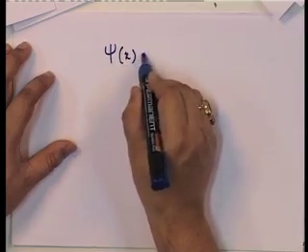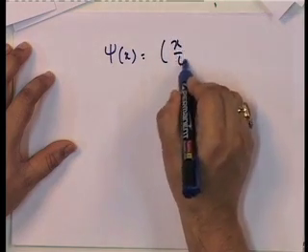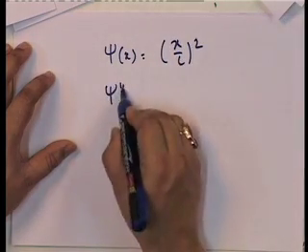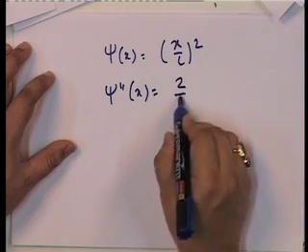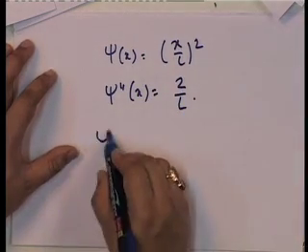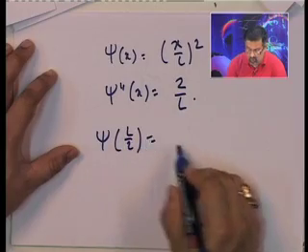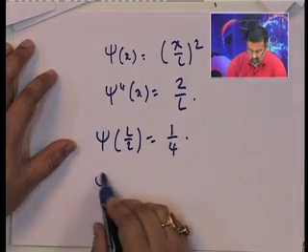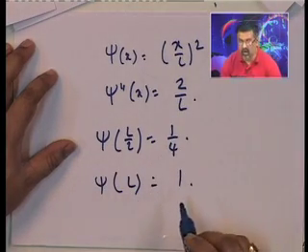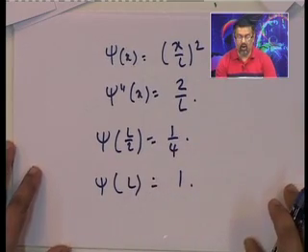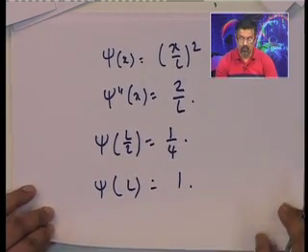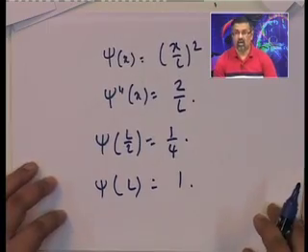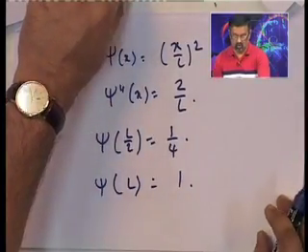Let me put down first, xi x turns out to be equal to x upon L squared. So xi double prime x is equal to 2 upon L squared, then xi at L upon 2, well, L upon 2, 1/2 the whole squared, it's 1/4, xi at L is equal to 1.